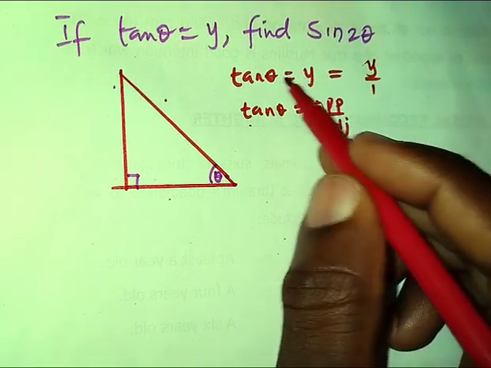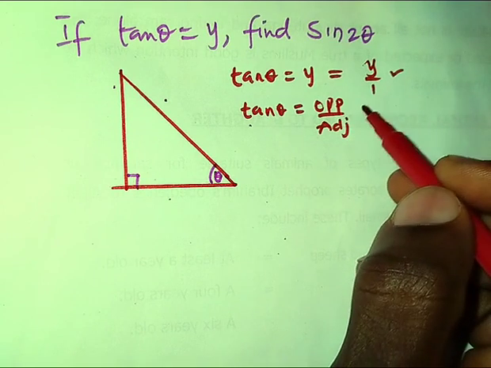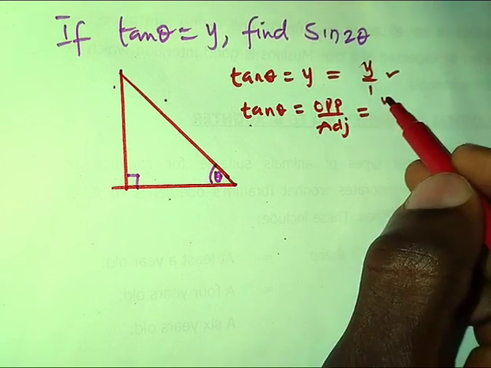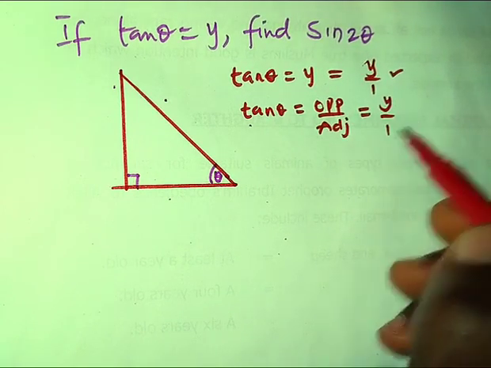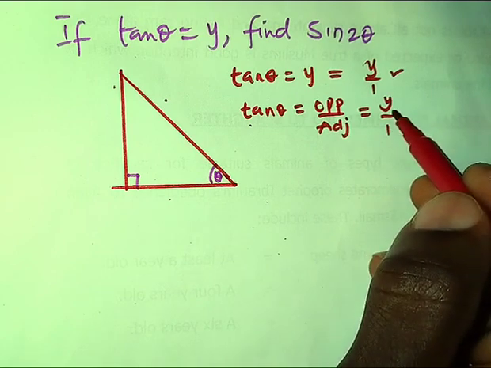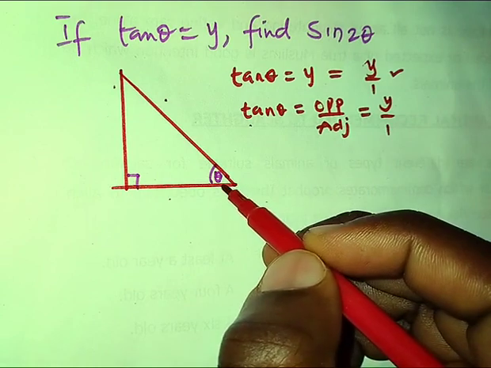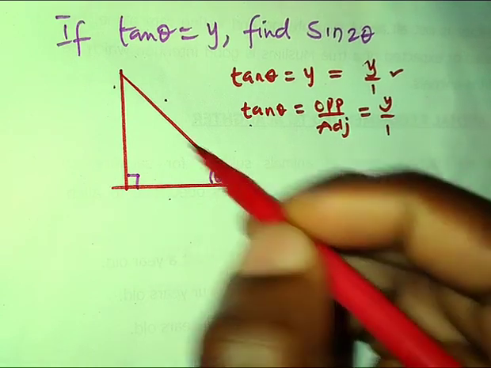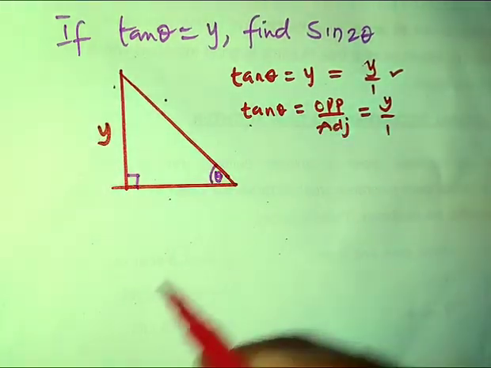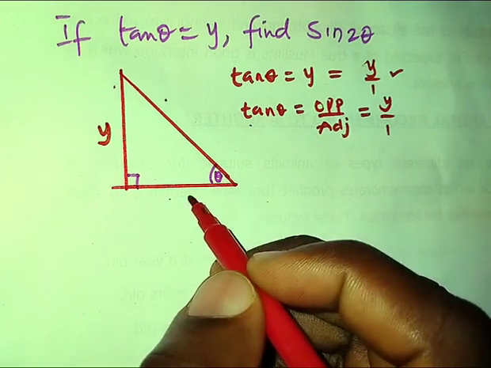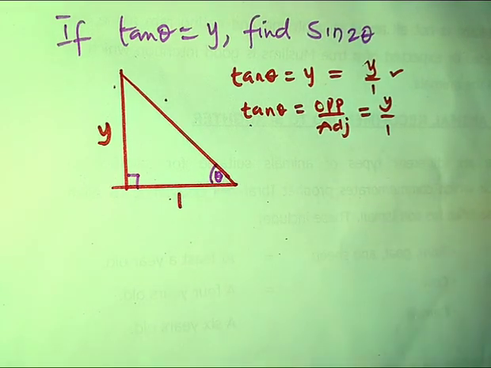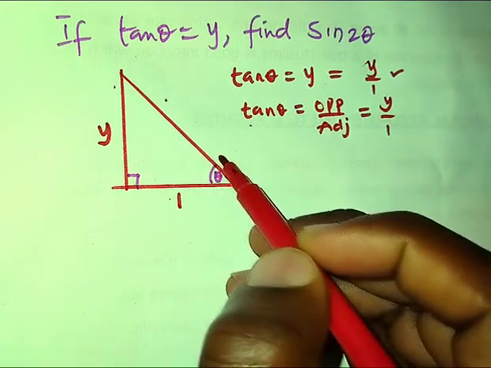So if you compare this and this, you can see that our opposite is y and the adjacent is 1. So we are going to put this dimension on this diagram. We have the theta here, so the opposite to the theta is going to be y, and the adjacent to the theta is going to be 1.